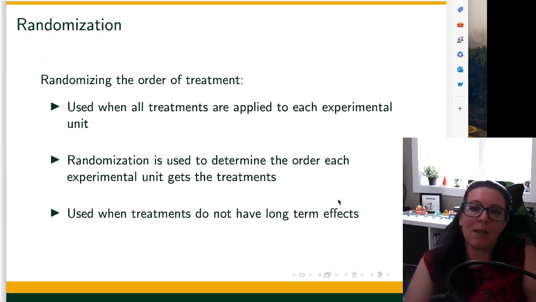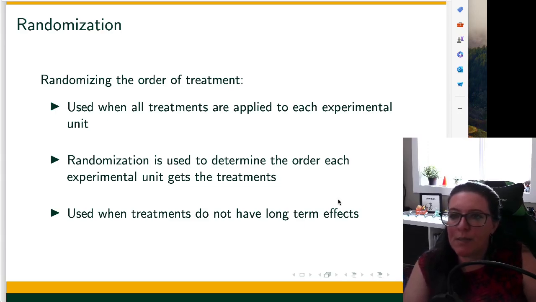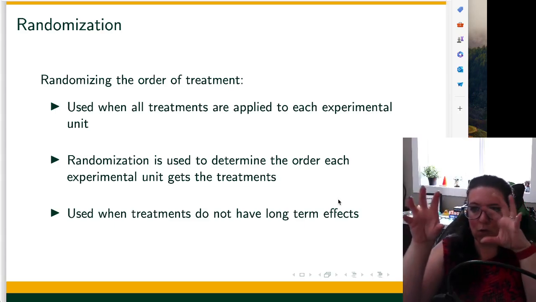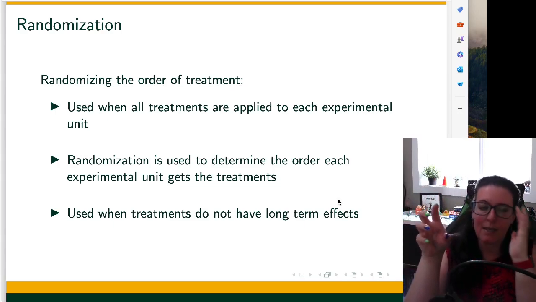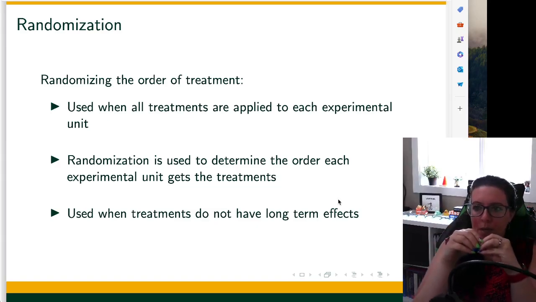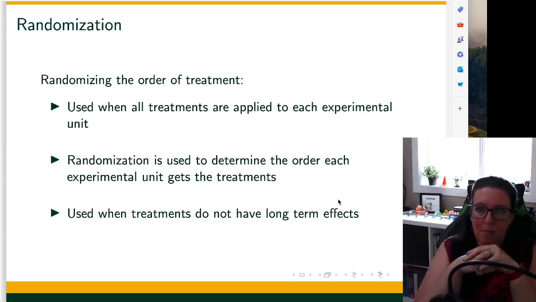So, randomizing the order of your treatment used when all the treatments are applied to each experimental unit. Randomization is used to determine the order each experimental unit gets the treatment. So, as I was saying before, one option, instead of having groups of different people, is to have the same people. For a period of time, they get the treatment.